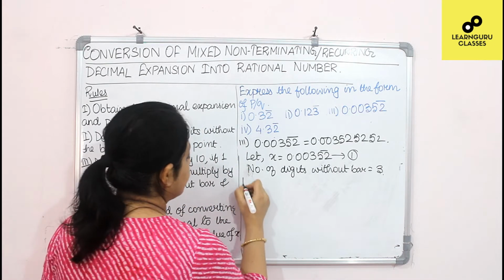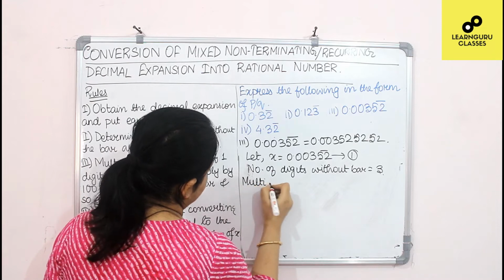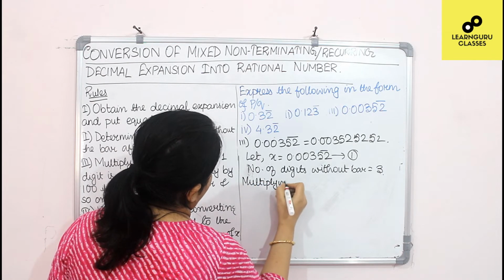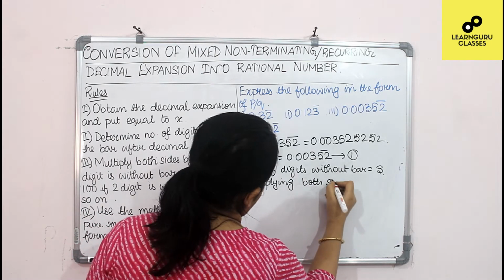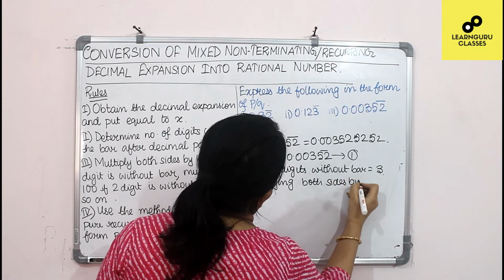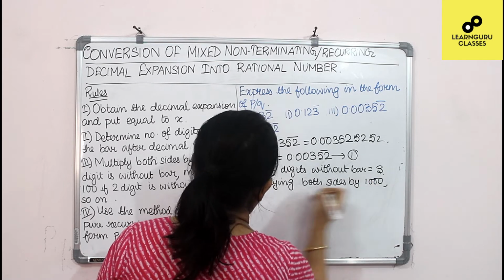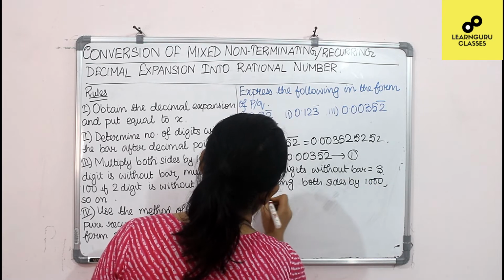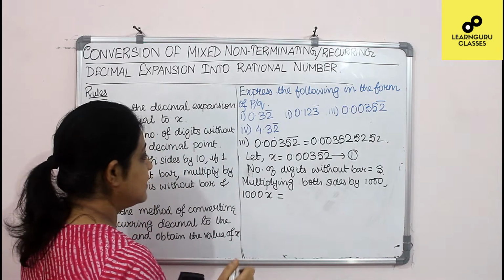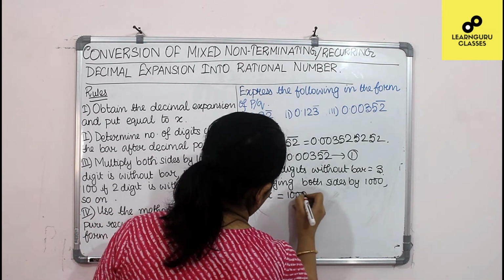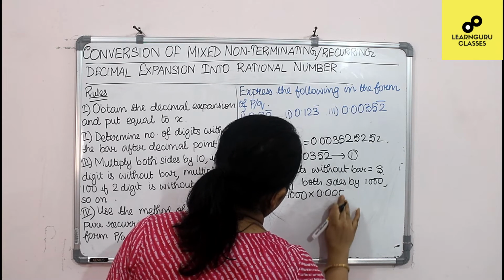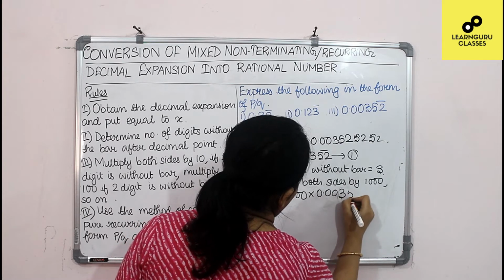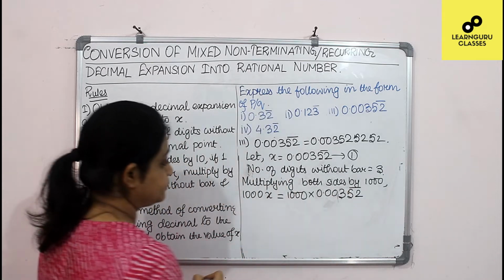So multiplying both sides by 1000, you will get 1000 into x. Next is 1000 into 0.00352 bar.